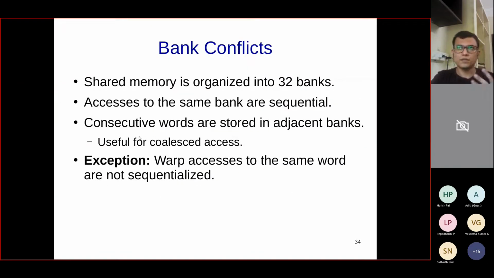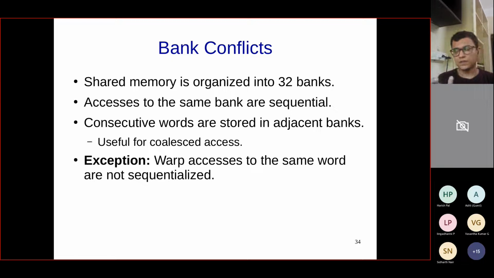I mean, it's not actually the same as memory coalescing, because in memory coalescing we have seen that when warp threads access the same block of 32 words, then memory accesses are coalesced. But here threads are accessing different banks, and hence the accesses are done in parallel, and the latency is just for the one memory access, right?